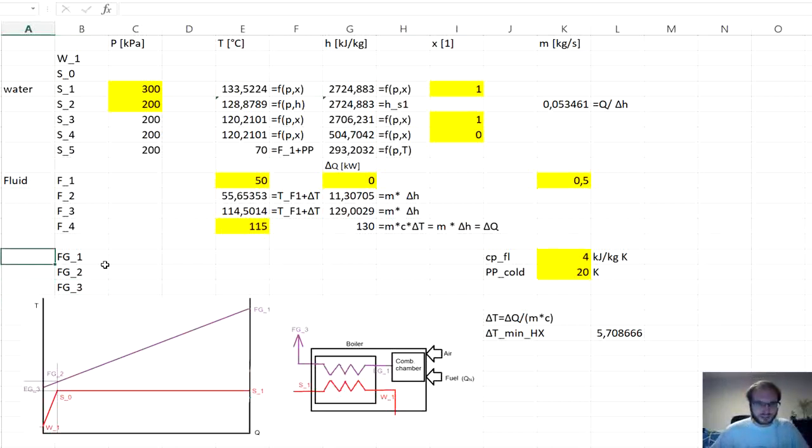Now for the flue gas we will make a simplification where we will say that its properties are similar to properties of just air.